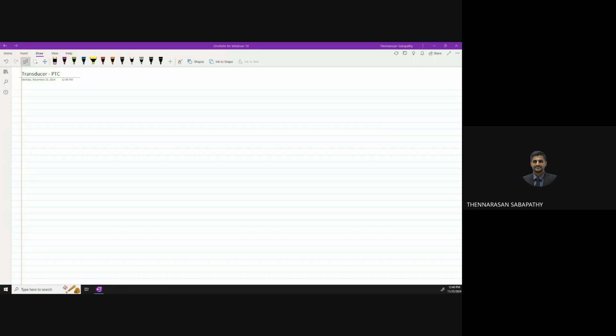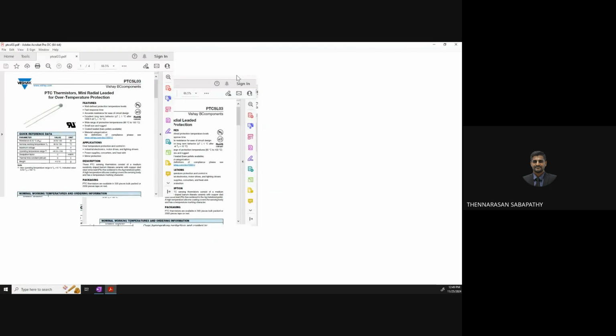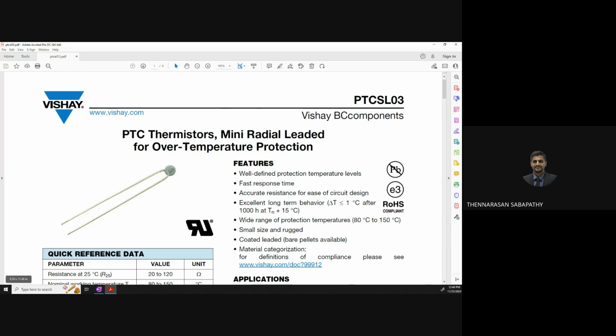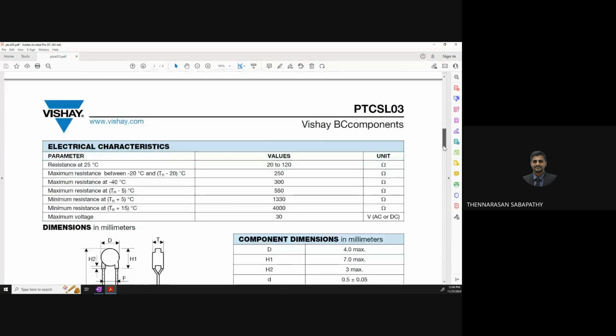Positive temperature coefficient, PTC. This is the PTC, where it almost looks the same as an NTC, but the operation is positive.